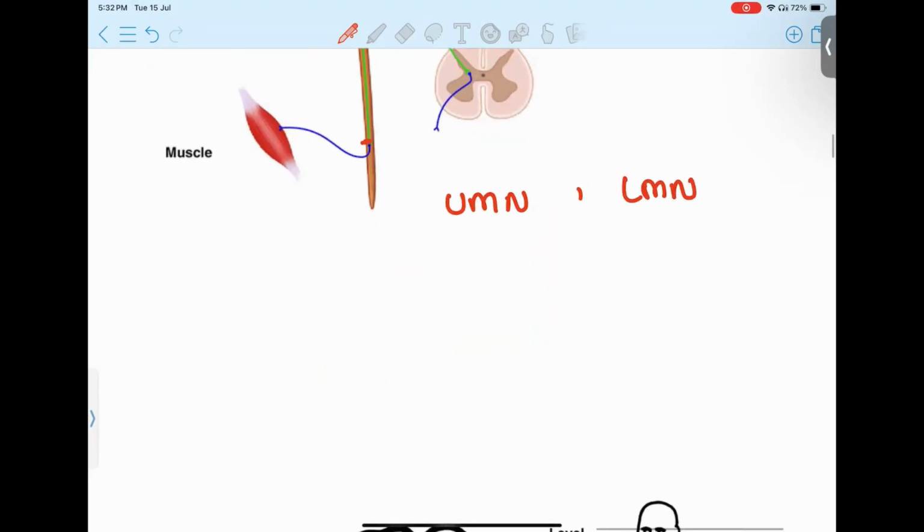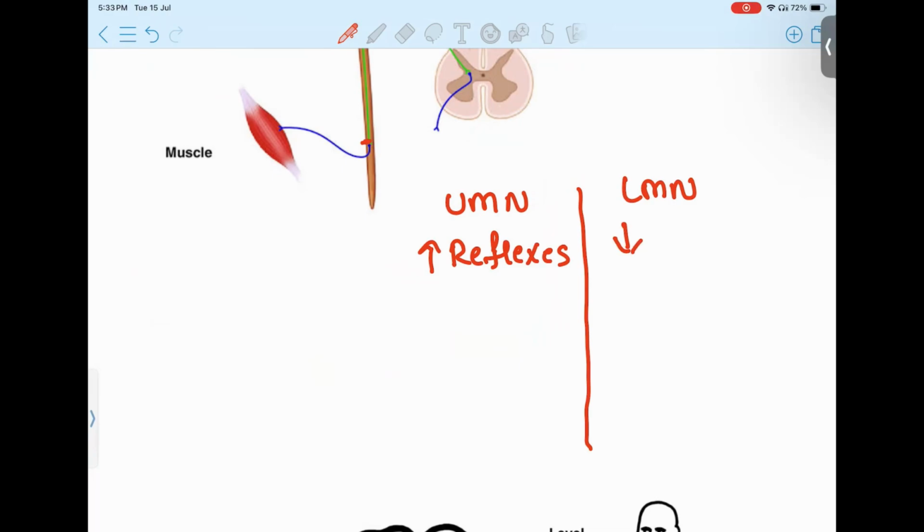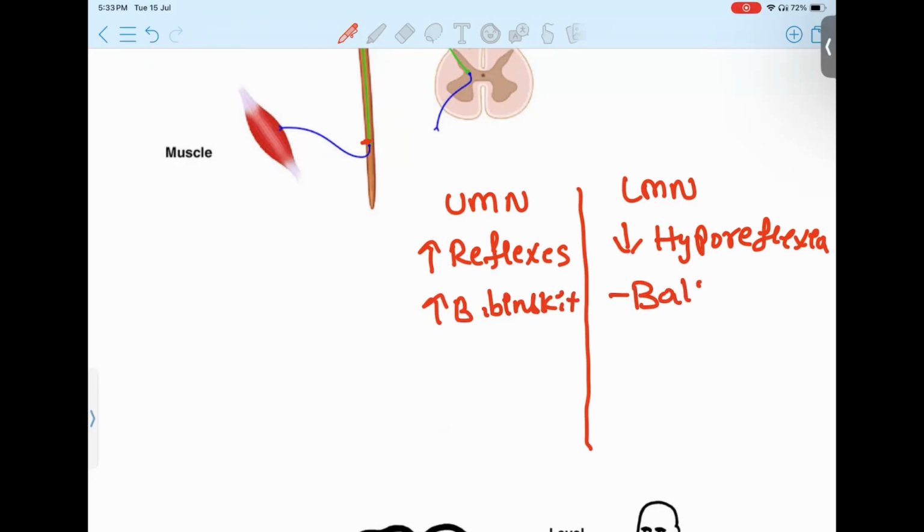The basic difference between these two is that the upper motor neuron lesion has more reflexes. If the patient is affected with an upper motor neuron lesion, he will have hyperreflexia, and in the lower motor neuron lesion there will be hyporeflexia. Also, the Babinski sign is positive in the upper motor neuron and negative in the lower motor neuron.